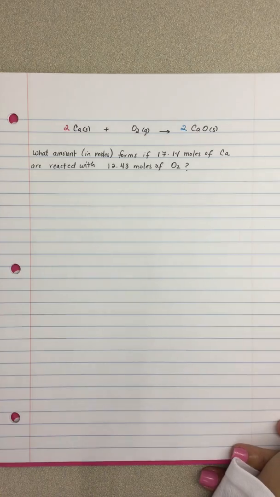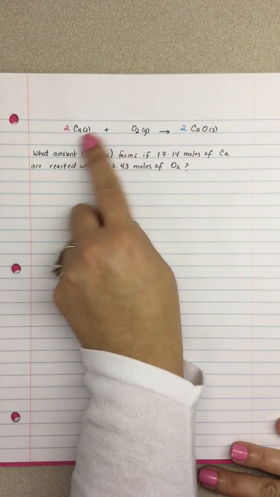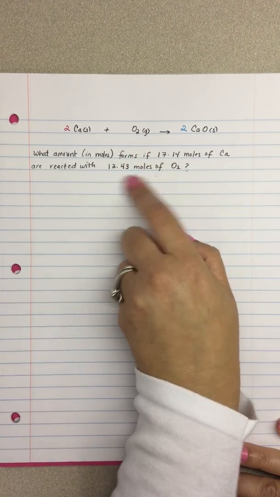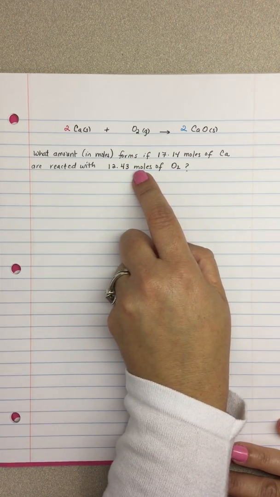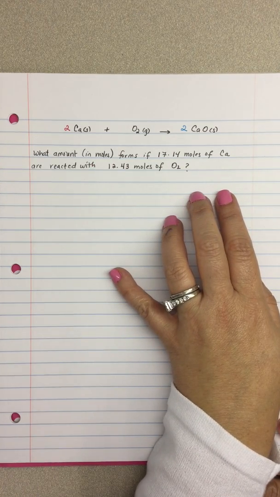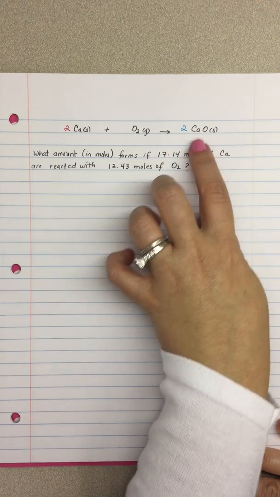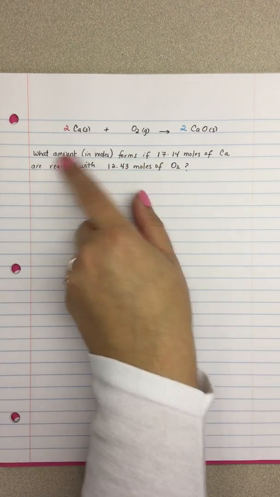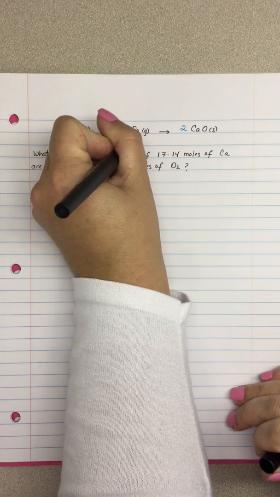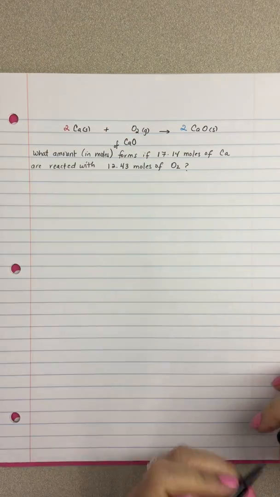And then for this one, you're given the amount of calcium, one of your reactants, and the amount of oxygen, the other reactant that you have, and you want to know the amount of product. And this should say amount in moles of calcium oxide.